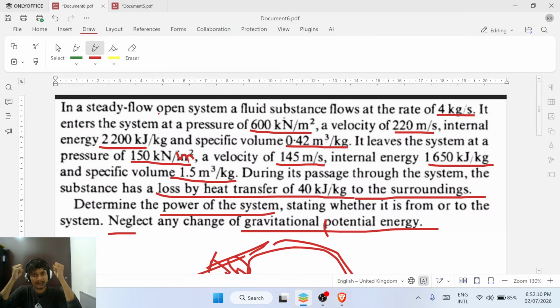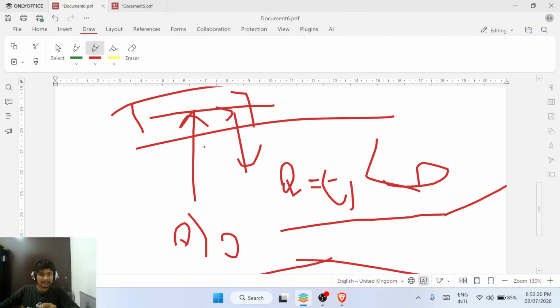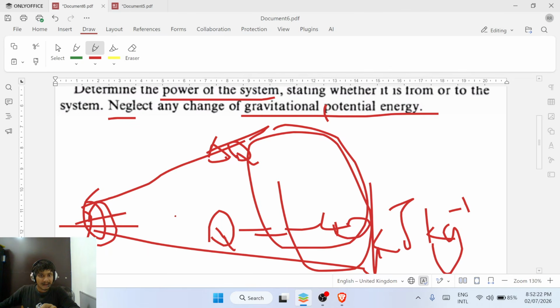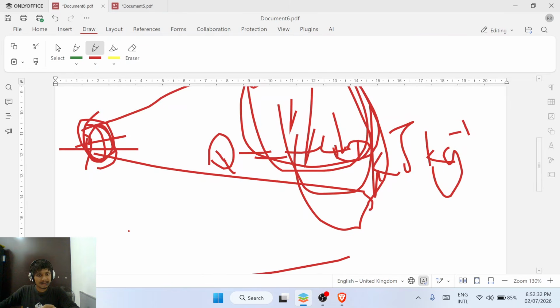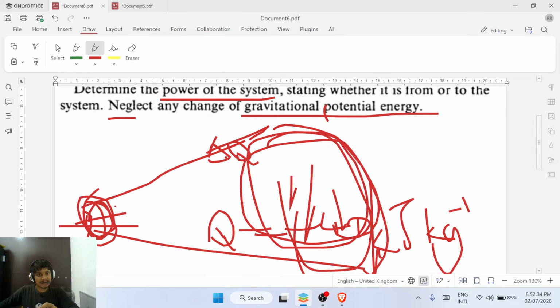But here there is a steady flow. If this is the narrow area and this is the very wide area, the velocity here will be higher than the final velocity.